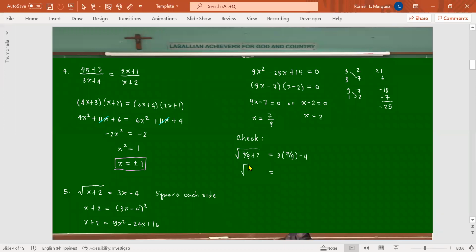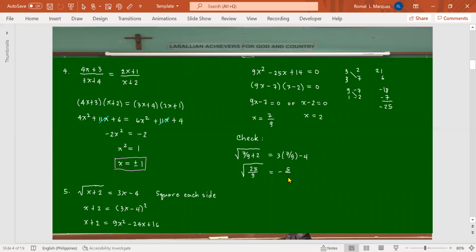This is square root of 25 over 9. Am I correct? This is 7 divided by 3 minus 4. That is, again, 3 times 7 divided by 9. Negative 5 over 3. Negative 5 over 3, right?